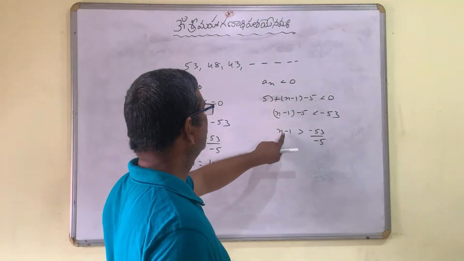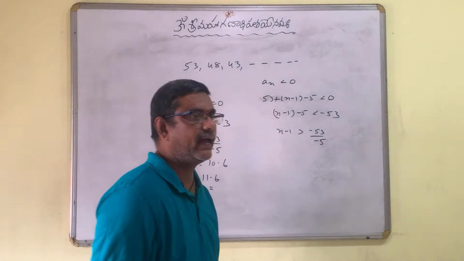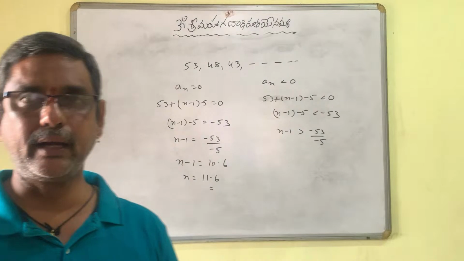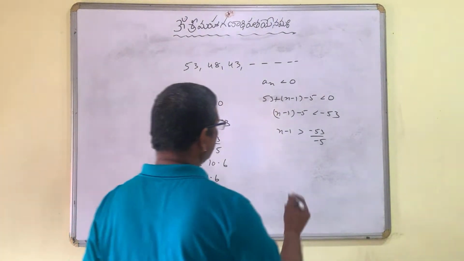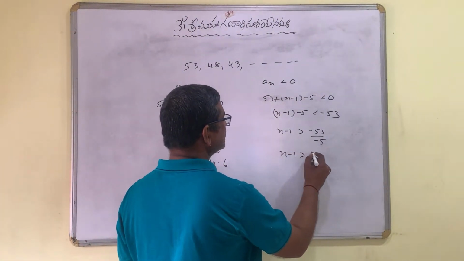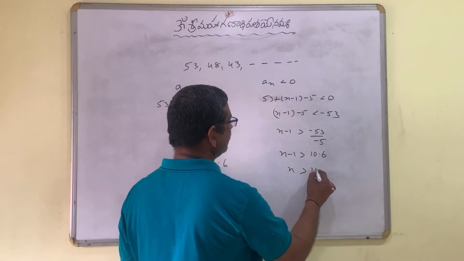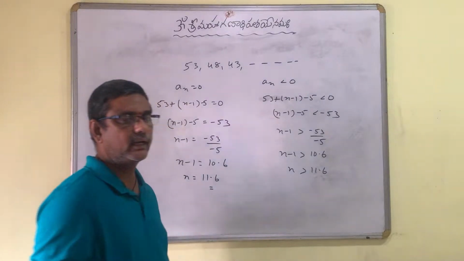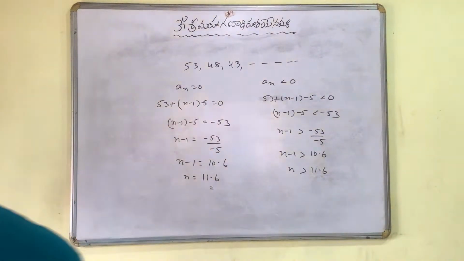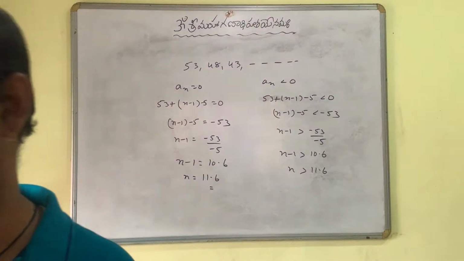Then n minus 1 is greater than negative 53 by negative 5, so this change you have to do. That means n minus 1 is greater than 10.6, so n is greater than 11.6. N greater than 11.6 means the 12th term is the first negative term.